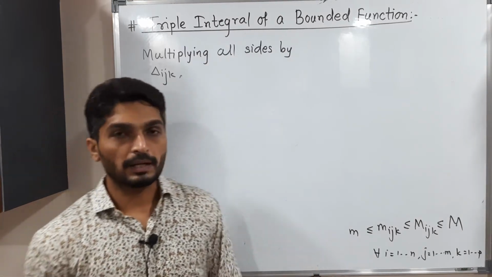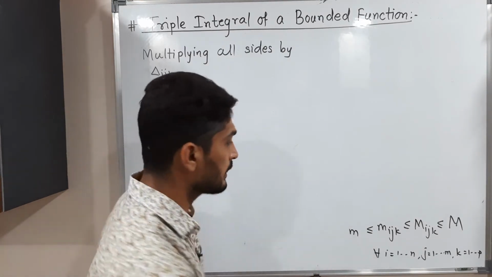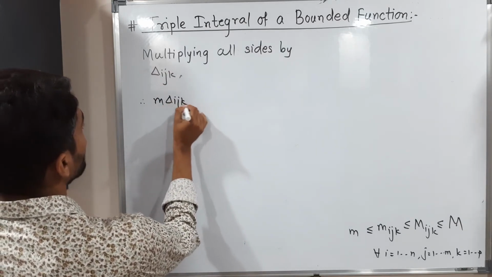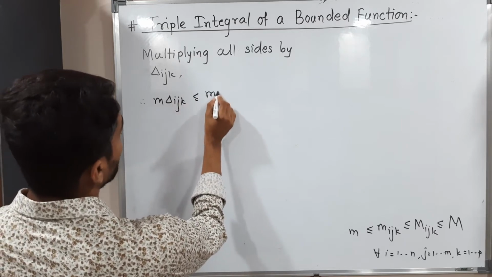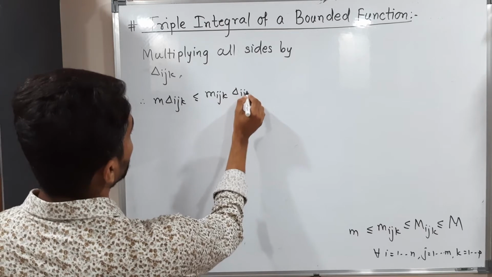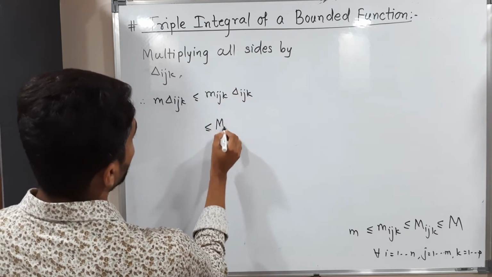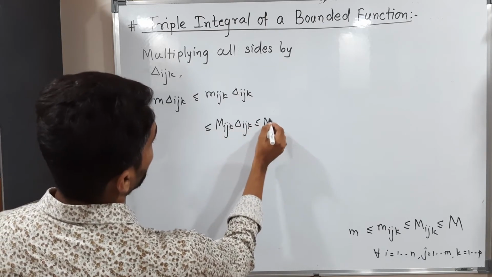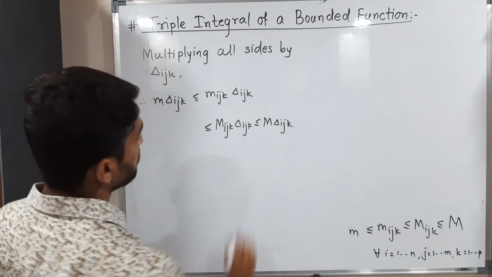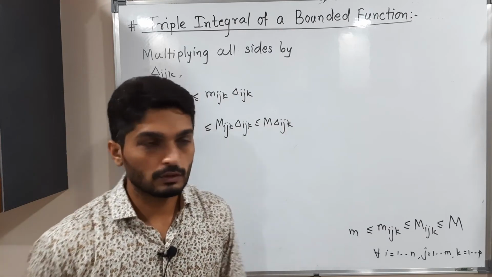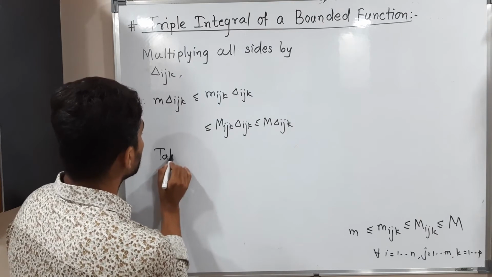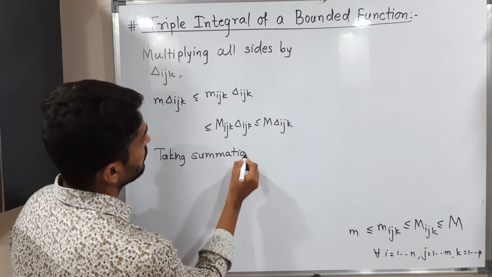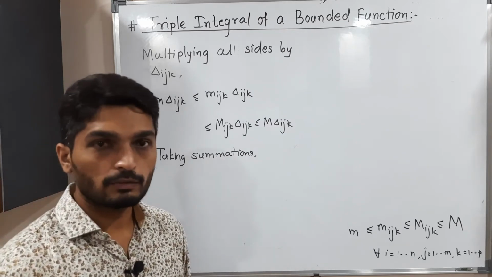See, we will multiply all sides by delta Ijk. See what will happen then. Therefore small m delta Ijk is less than or equal to small mijk delta Ijk, less than or equal to capital Mijk delta Ijk, and less than or equal to capital M delta Ijk. After that, I will take summations of all sides, for i, for j, and for k.